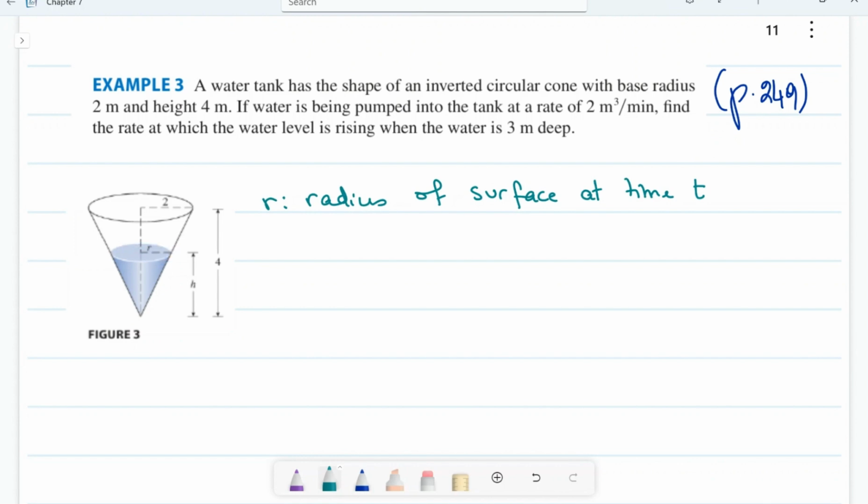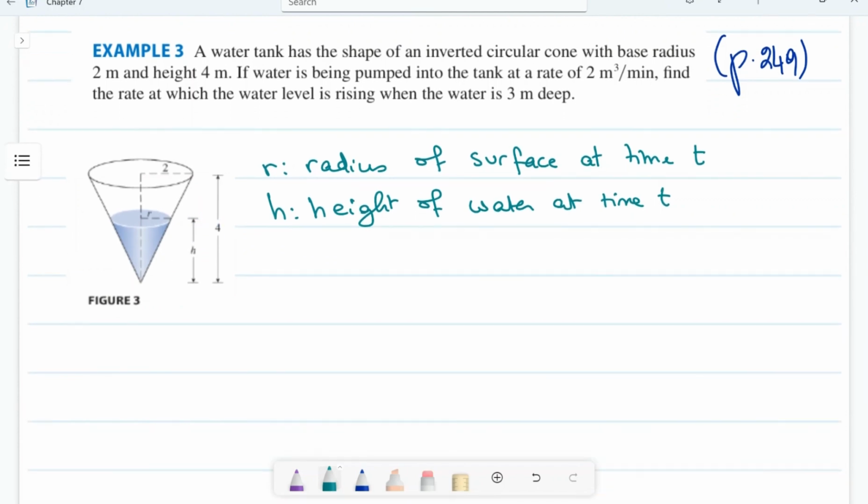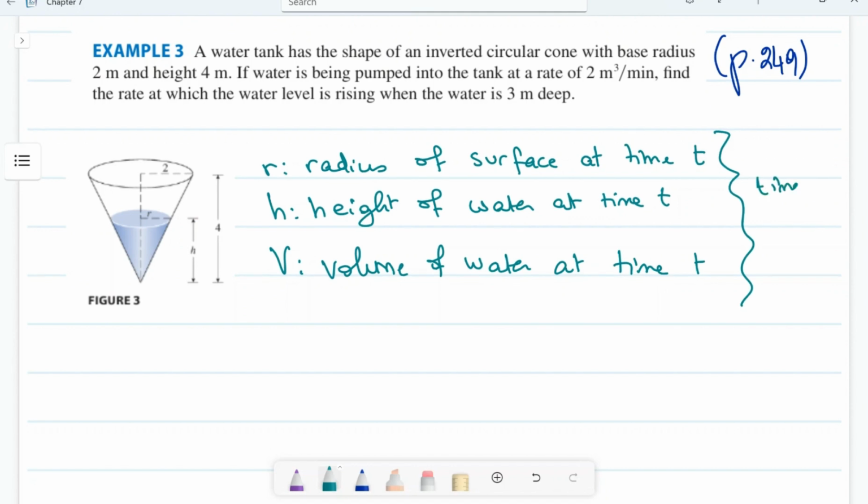So I'm just explaining what these variables we wrote on the figure are. h is the height of water at time t, which is this one. Finally, a variable which we will be using throughout this problem, I will define it from now. V, it's the volume of water at time t. Note that in all of these, time is in minutes, because that is how it was shown in the above question.